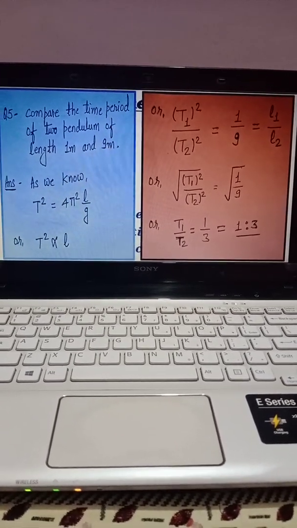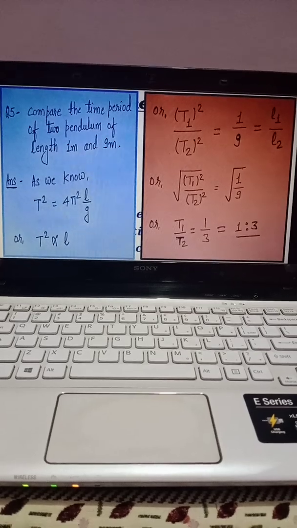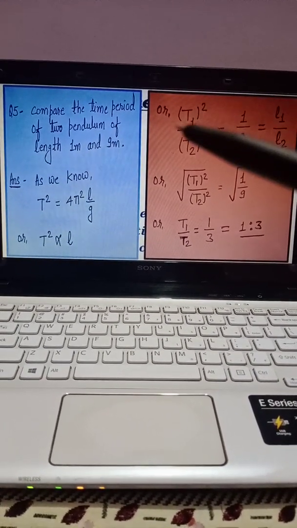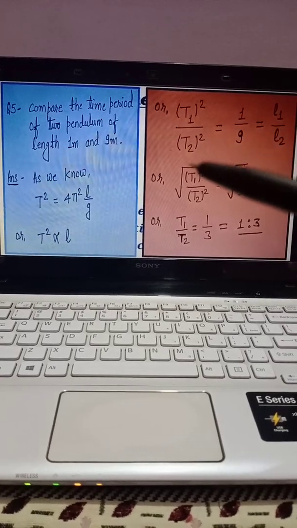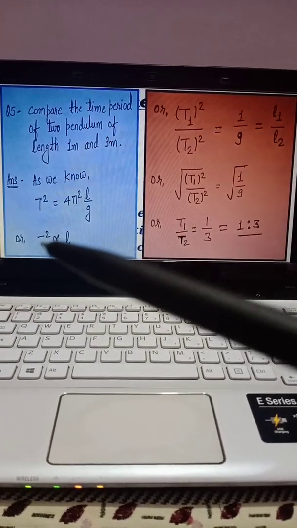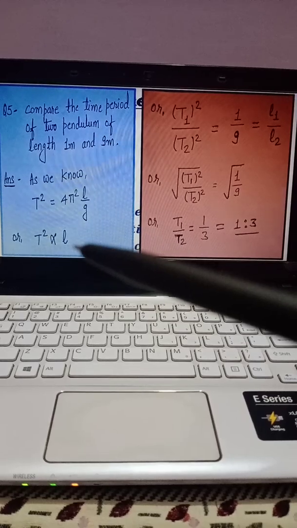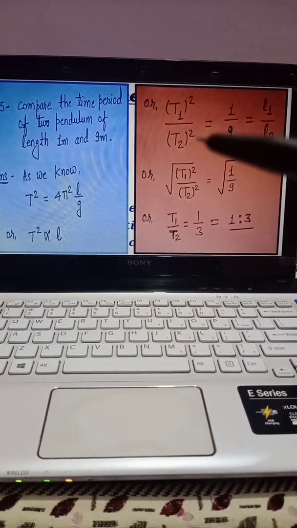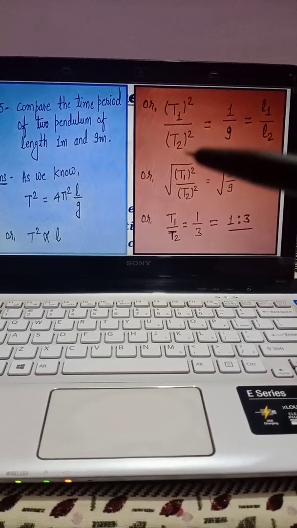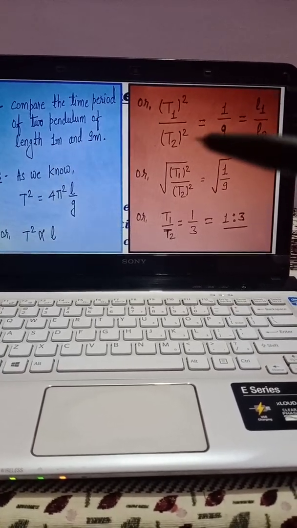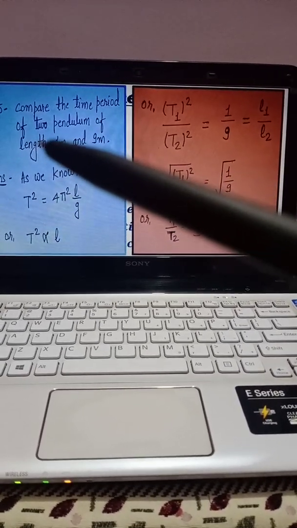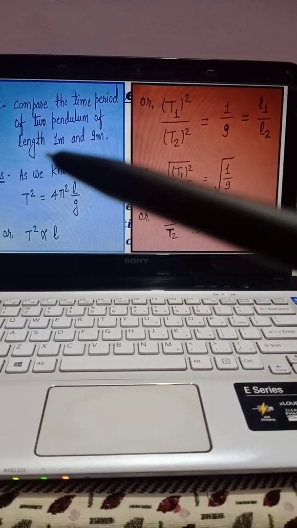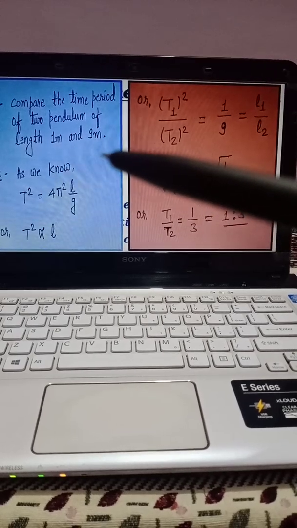Now we are going to find the solution. Suppose T1 is the time period of one pendulum and T2 of the second pendulum. As T square is directly proportional to L, we have taken T1 square divided by T2 square is equal to 1 by 9, as it is given that we have to compare pendulums of length 1 meter and 9 meter.